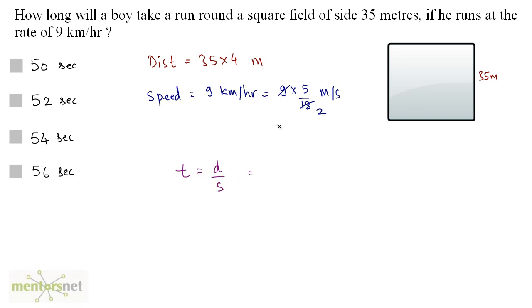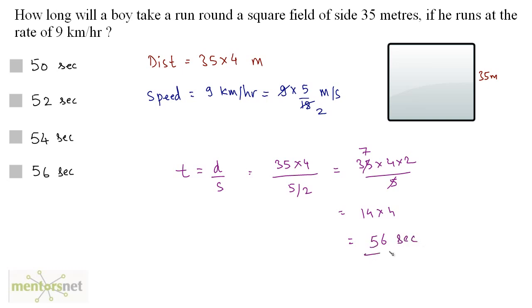So this is equal to the distance, 35 times 4, and the speed is 5 by 2. So this is 35 times 4 times 2 divided by 5. 5 7s are 35. So this is 7 times 2, which is 14, times 4, and that is 4 4s are 16, 1 is carry, 4 1s are 4, plus 1 is 5. So 56 seconds is the time taken by this boy. So option D is the correct answer.